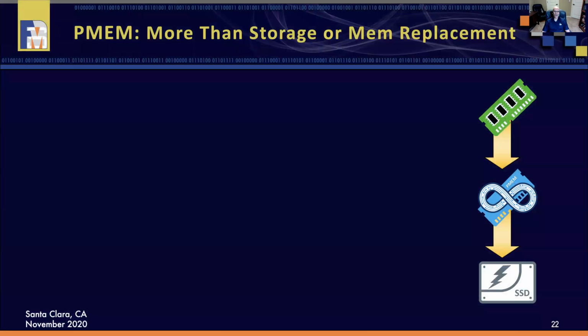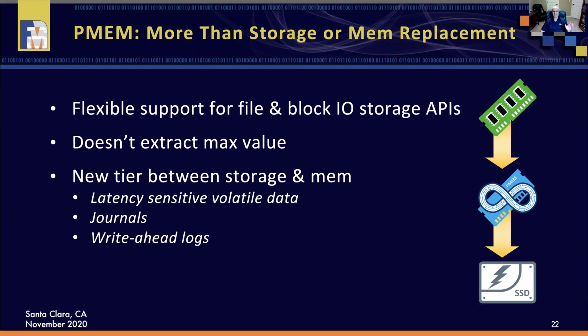It's more than a storage or memory replacement. Yeah, I know, it's flexible and it's fast storage, and it has support for file and block I/O storage APIs. But you're not going to get the most value out of it. In fact, you're only barely scratching the surface in value.